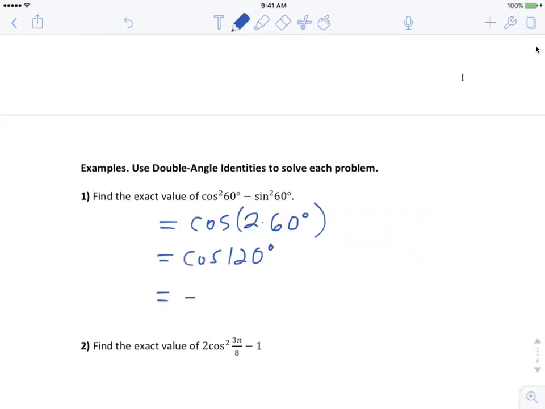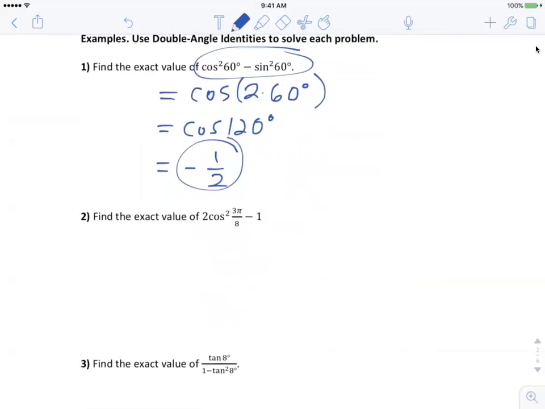And then at 120 degrees, that's equal to 1/2 for the x value, right? So refer back to your unit circle for that. Okay, so there's your answer. I guess you could plug that into your calculator too and verify that that's equal to negative 0.5.